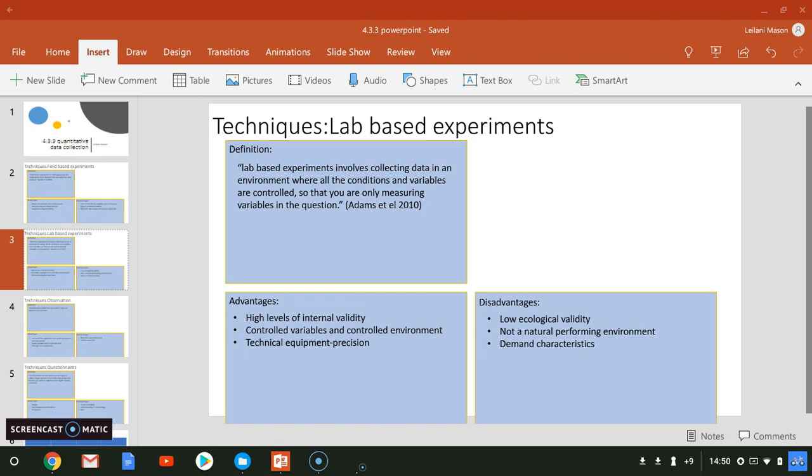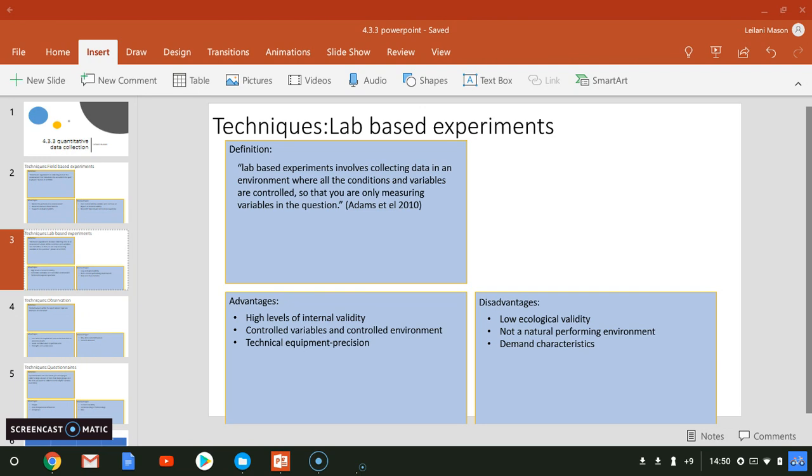Another advantage is that there's a lot of technical equipment, so this increases your precision and your accuracy, because the equipment's highly advanced and means you can get better and more reliable results. Another advantage is when you record these lab-based experiments, you get graphs, and these graphs give clear and precise results.